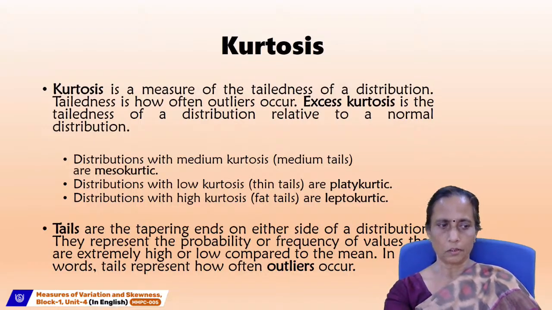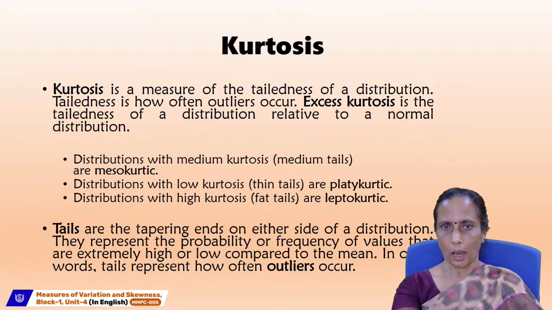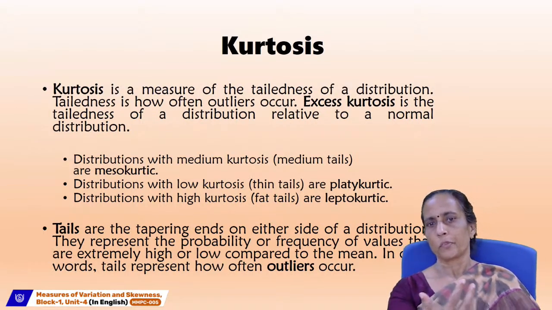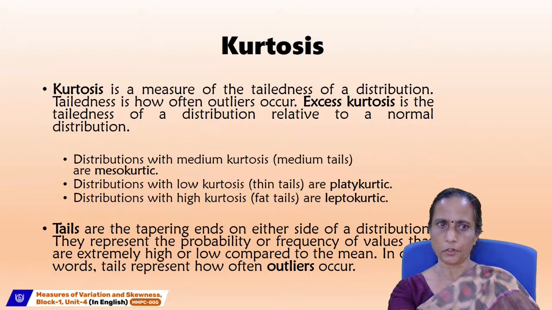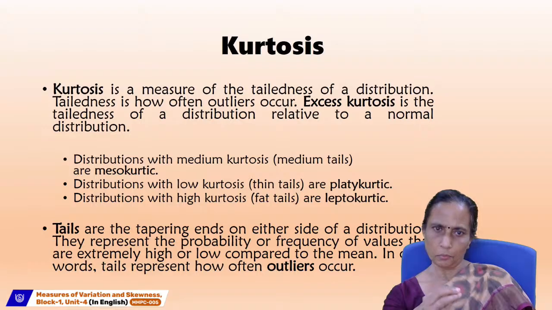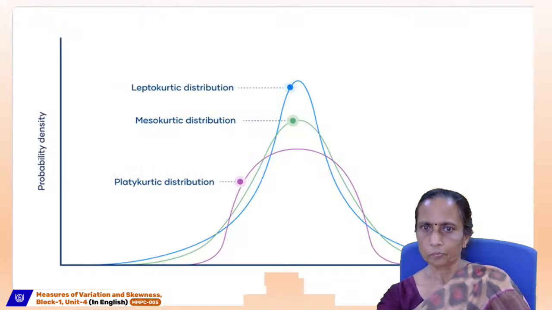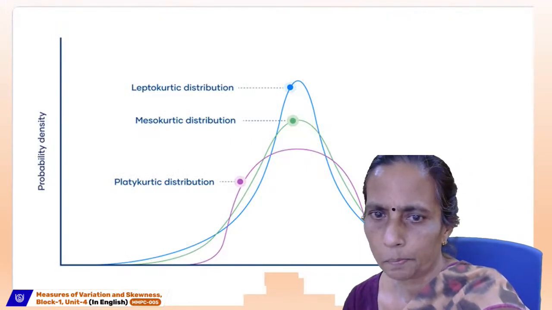So one more is your kurtosis. This is a measure of the tailedness of a distribution. Tailedness is how often outliers occur. So excess kurtosis is the tailedness of a distribution relative to a normal distribution. Distributions with medium kurtosis, that is medium tails, are mesokurtic. This is mesokurtic.